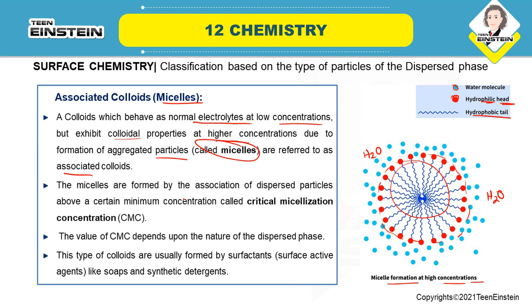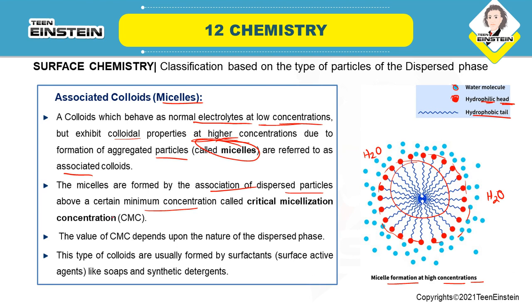The micelles are formed by the association of dispersed particles. But remember, here we have simply mentioned low concentration, there is no association, high concentration, association. But this is a qualitative term. But it must be quantitative. That is, what is the exact concentration when micelle will be formed. So this exact concentration, that is actually the minimum concentration that we must reach if we want to get micelles.